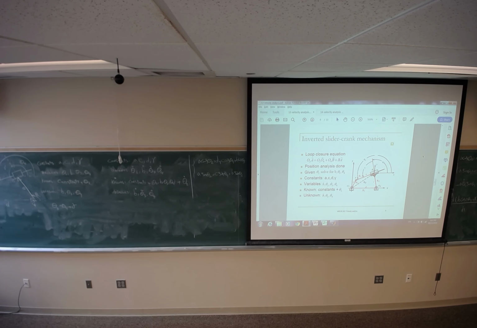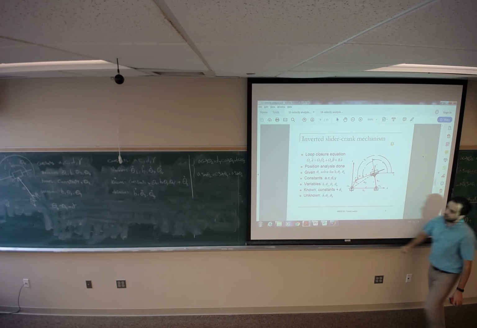The derivative of B over dt is going to be B dot. B dot cosine of theta 4 plus gamma, plus B times the derivative of this. Theta 4 is not a function of t, so we should use the chain rule: derivative of this with respect to theta times derivative of theta 4 with respect to time.